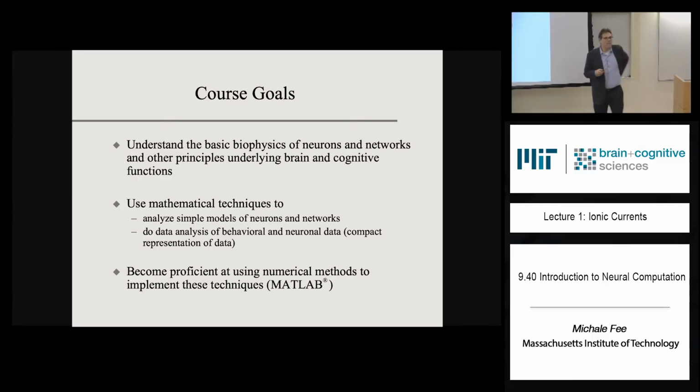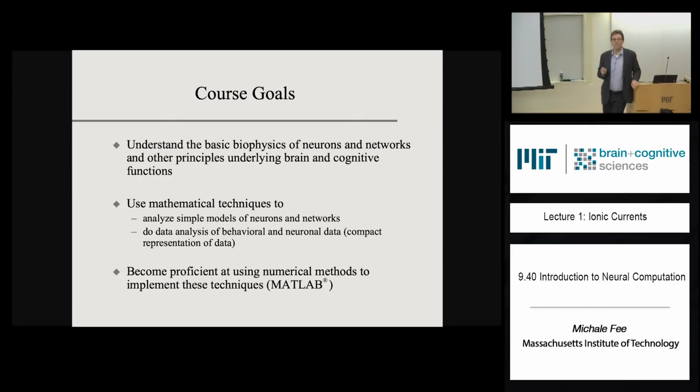Okay, so how many of you have experience with MATLAB? Okay, great. Anybody who doesn't have experience with MATLAB, we're going to really make an effort to bring you up to speed very quickly. Daniel has actually just created a very nice MATLAB cheat sheet that's just amazing. There will be lots of help with programming.